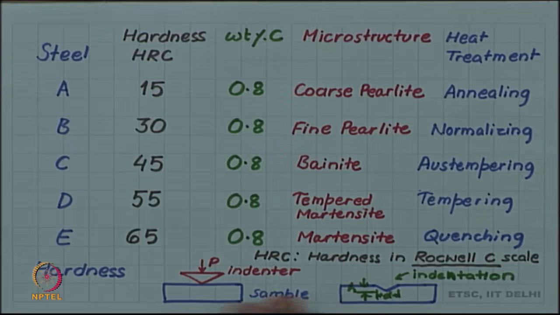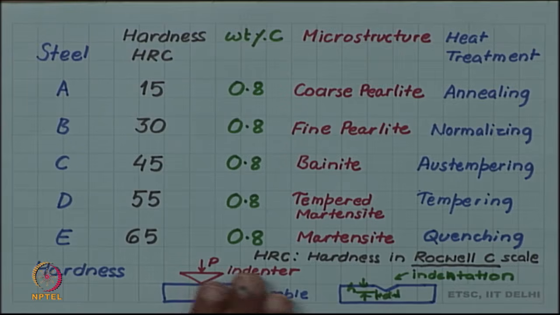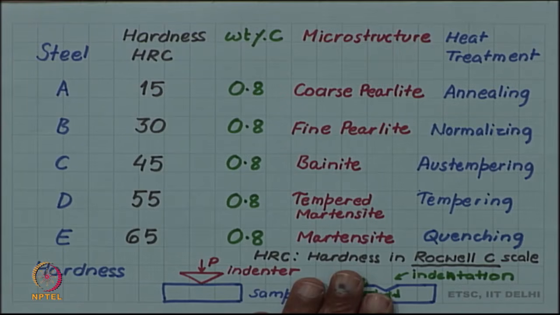So, the microstructure property dependence is central to material science, and in this sense this slide is very important, which is telling you it is not only the composition, but also the treatment and the microstructure produced by the treatment which is very important in determining the final property.